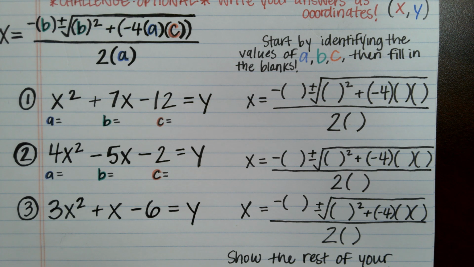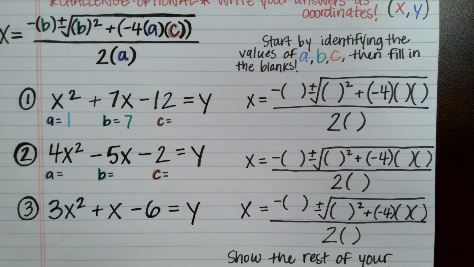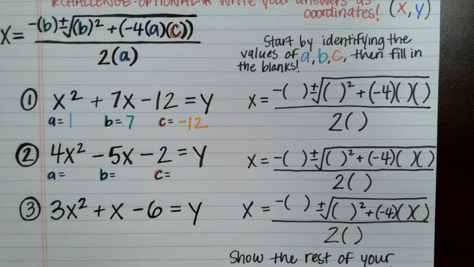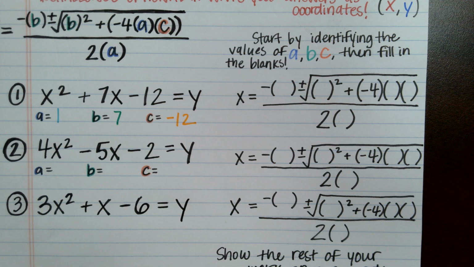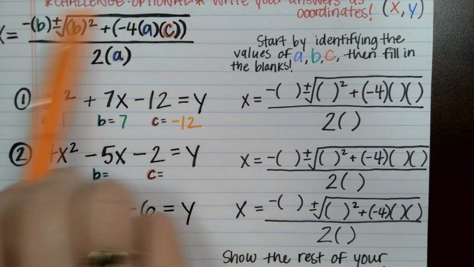B is green. That'll work. Okay, what's our number for A? 1. Good. What's our number for B? 7. How about C? Negative 12. Perfect.